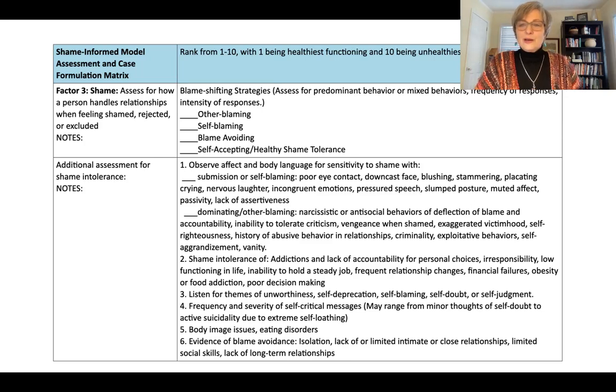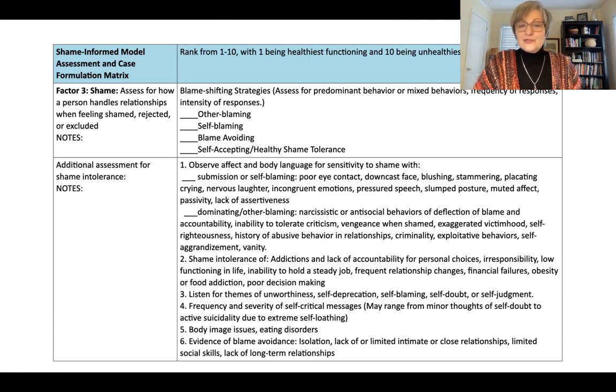A general tendency towards irresponsibility, low functioning, inability to hold a job, frequent relationship changes, financial failures, obesity, addictions, poor decision making, all signal lack of accountability, right? If we cannot be honest with ourselves about our flaws and work to change them, we are avoiding those problems. We are in denial about those problems in ways that signal we cannot tolerate shame.